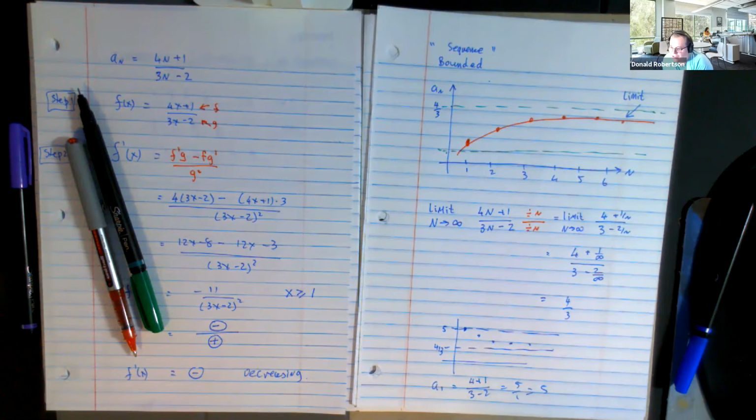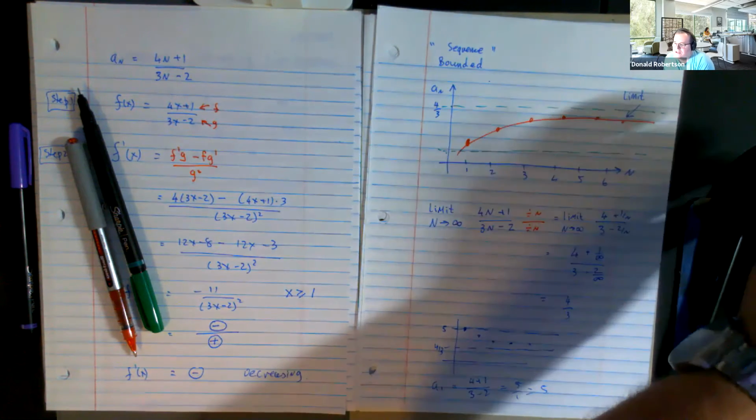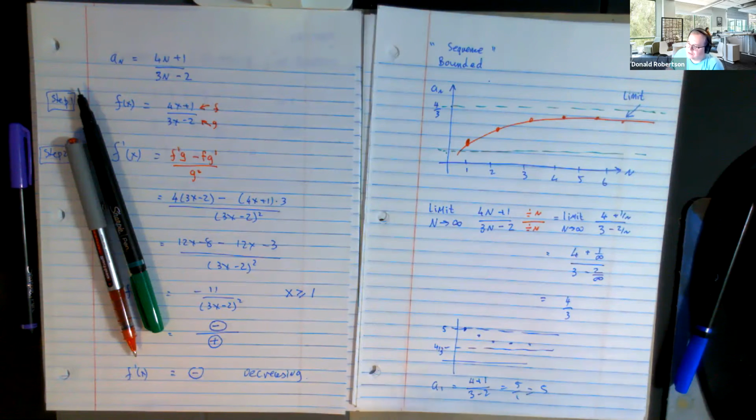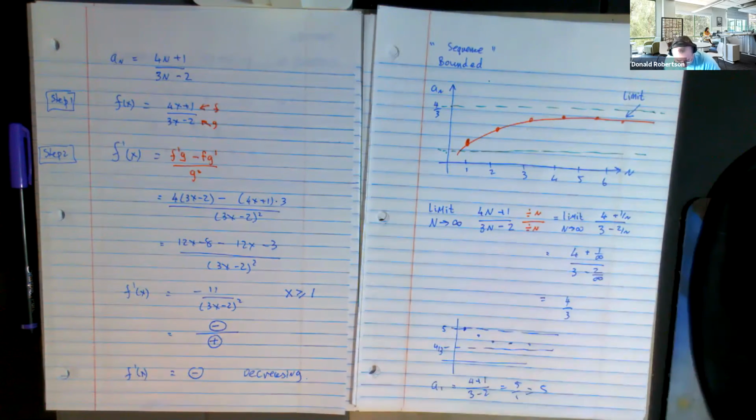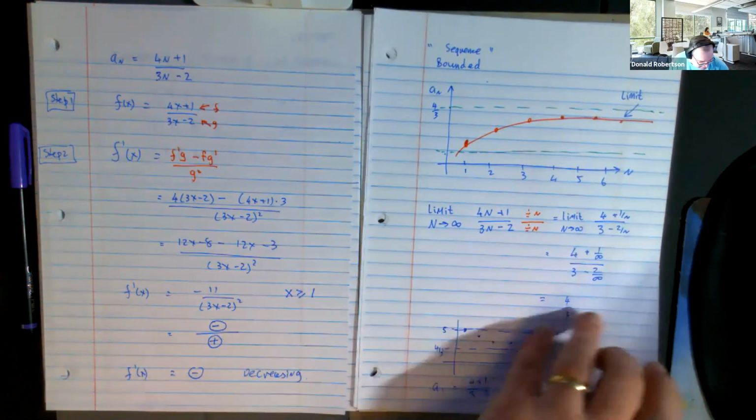And if the answer is yes, it will be bounded. And if the answer is no, the limit of that sequence doesn't exist, it's infinite, or it just doesn't exist, then you know that you're looking at an unbounded sequence. Are we cool with that idea? Finding limits is basically how you answer the question, is a sequence bounded or not?